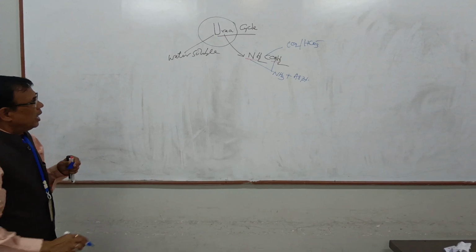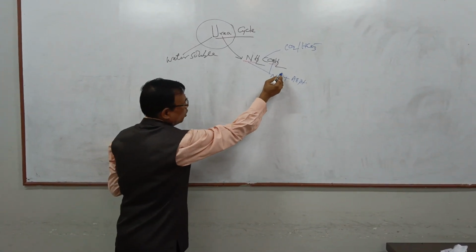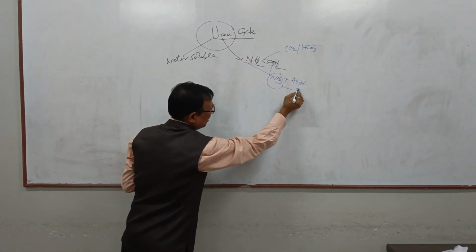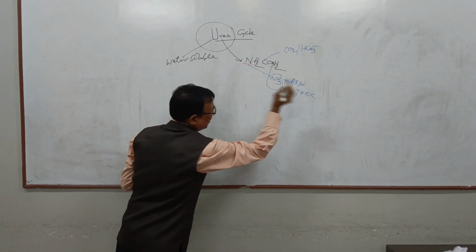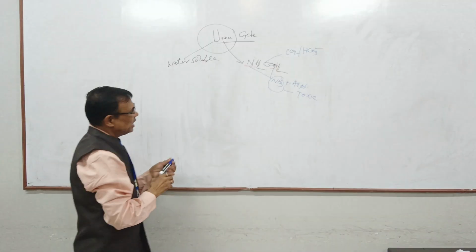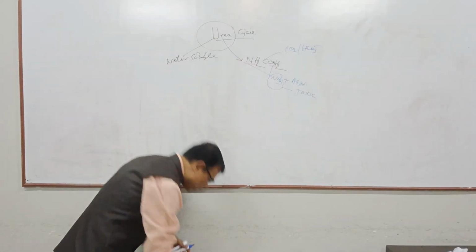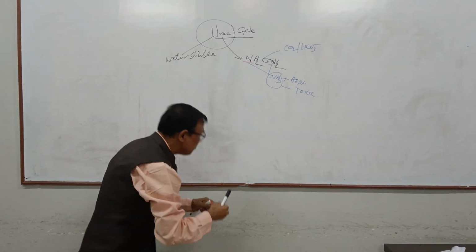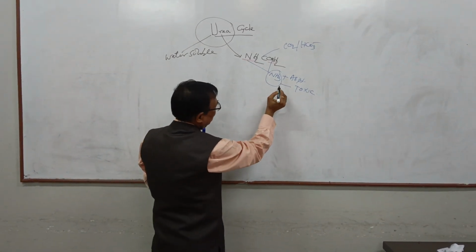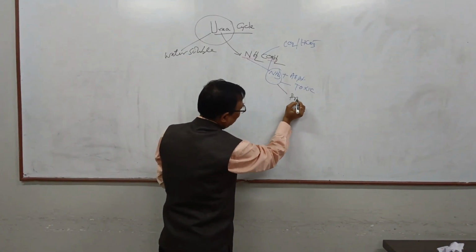The source is ammonia, which is toxic. Ammonia is always generated in our system, from protein catabolism.